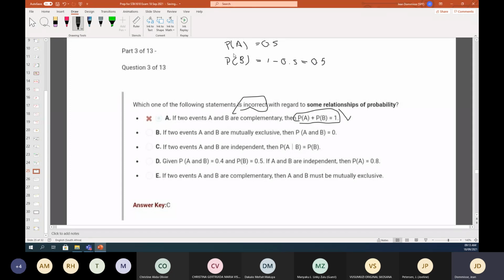So then if I say probability of A plus B, 0.5 plus 0.5 is equal to 1.